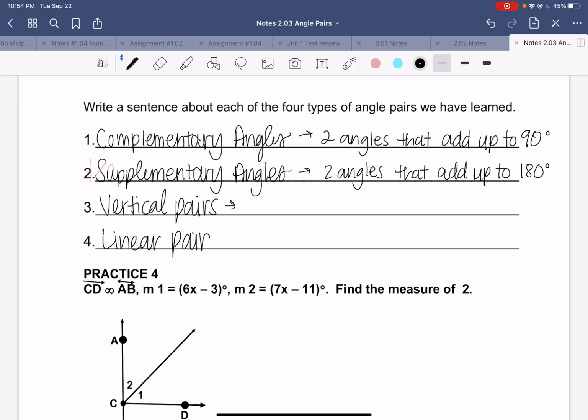Vertical pairs are 2 angles that share a vertex and they're congruent.